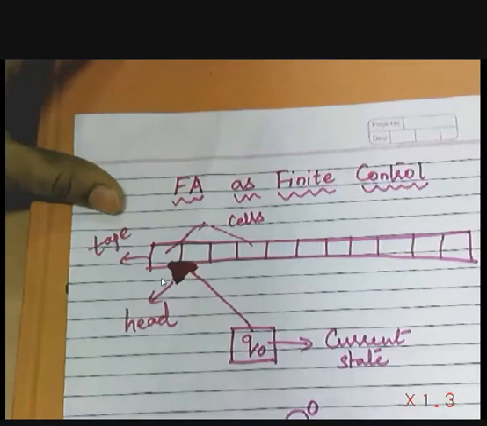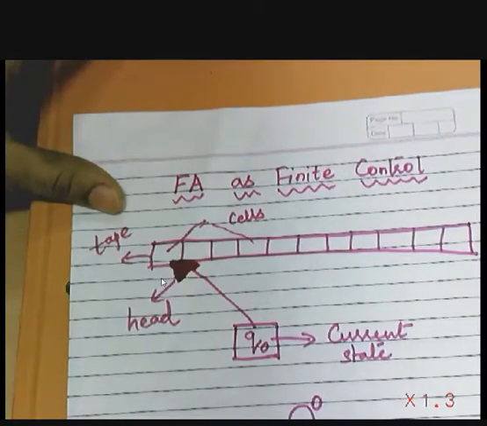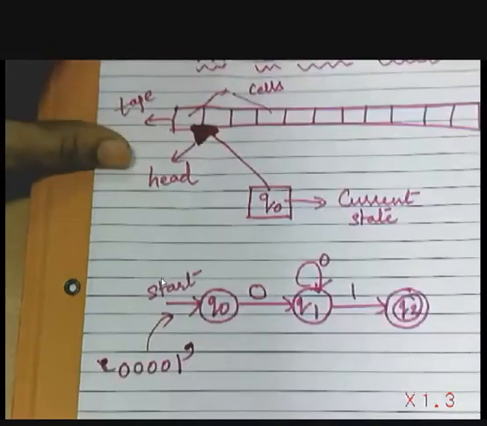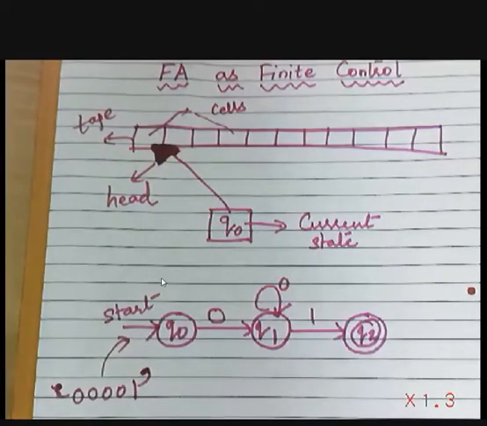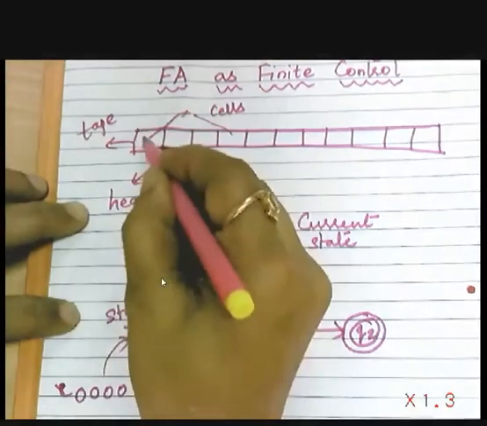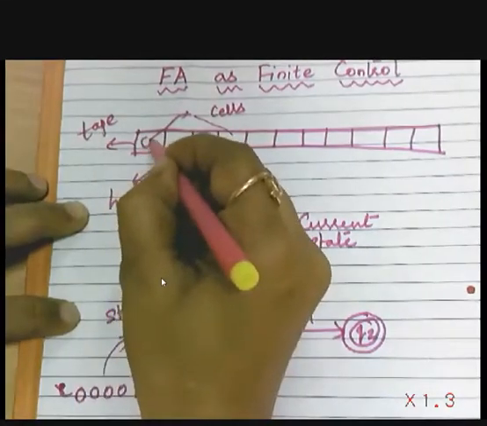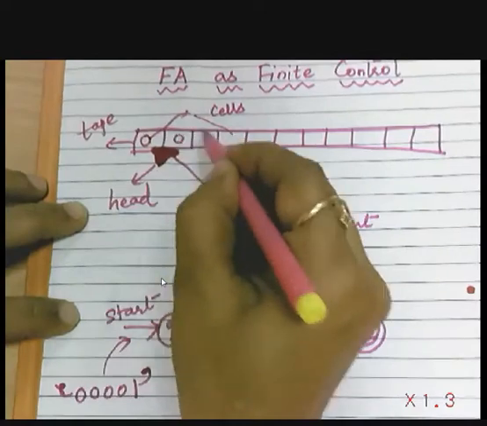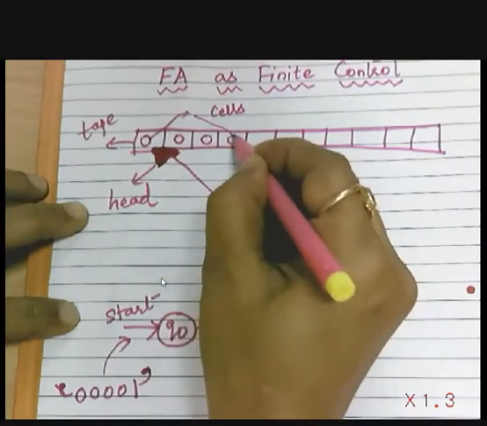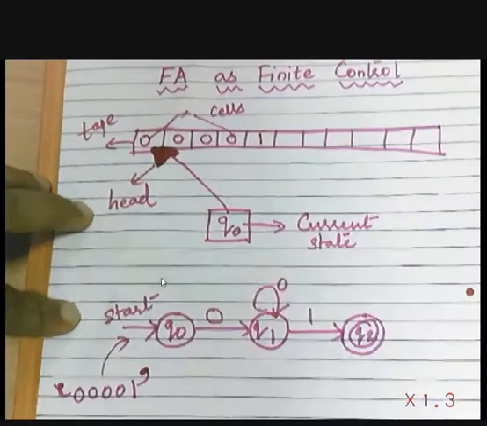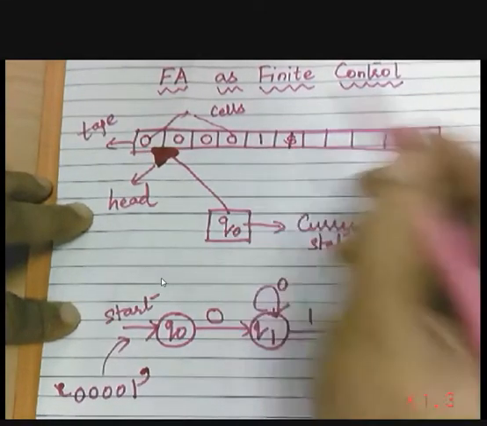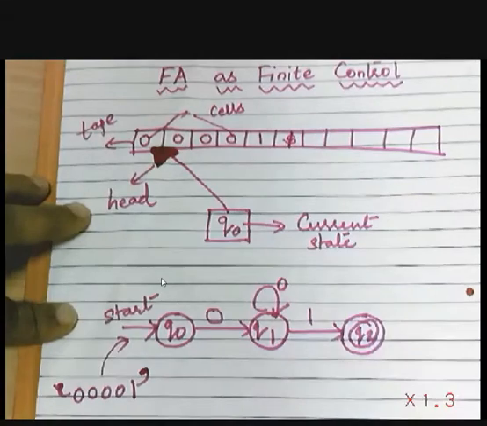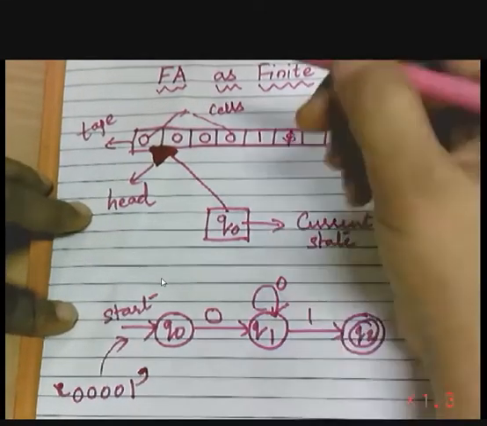Will it be acceptable to the given DFA or not? So first I will put this input on the tape: 0, 0, 0, 0 and 1. And here I am representing a dollar sign, which indicates the end of input.